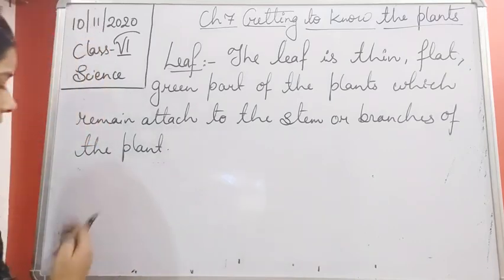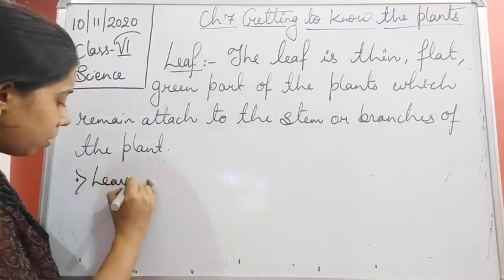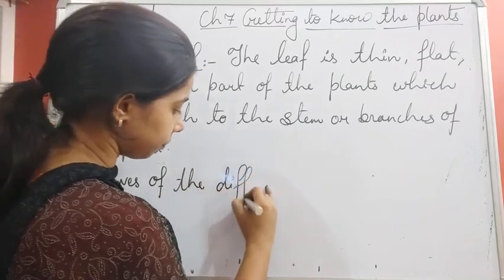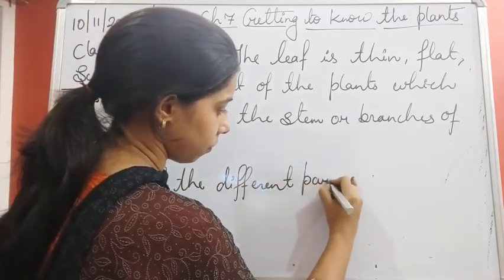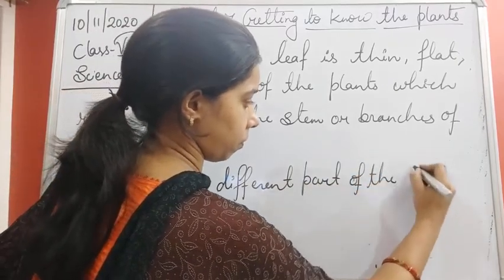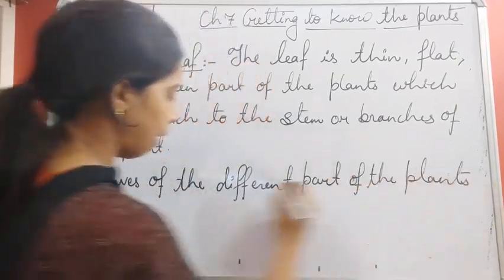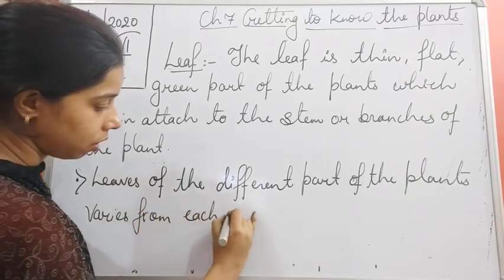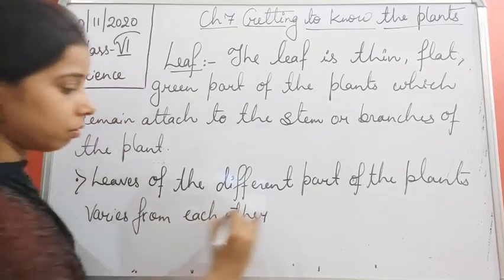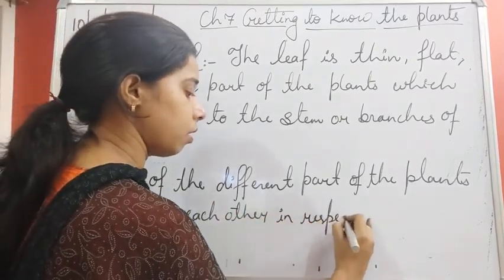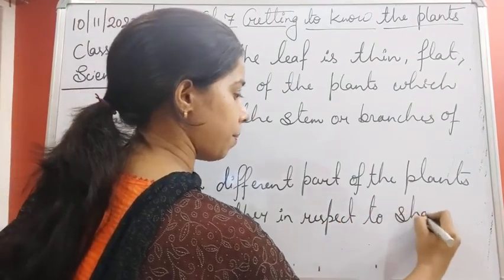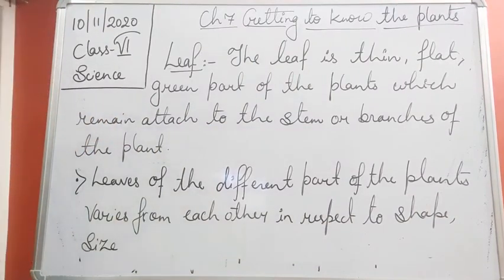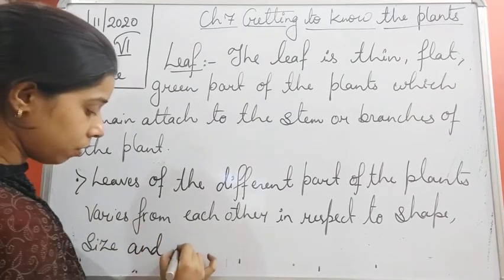So we can say that leaves of different plants vary from each other in shape, size, and structure also.